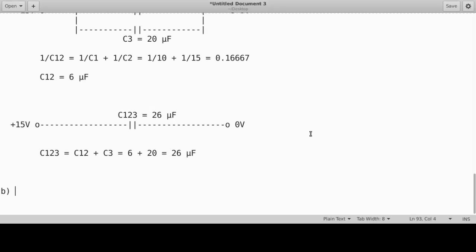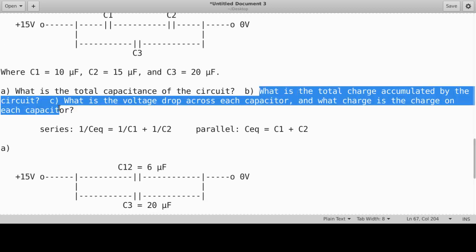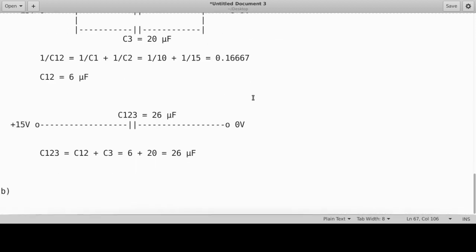All right, so part B is, what is the total accumulated charge of the circuit? Just remember that the definition for capacitance is C equals Q over V, and you can rearrange this formula to be Q equals CV.